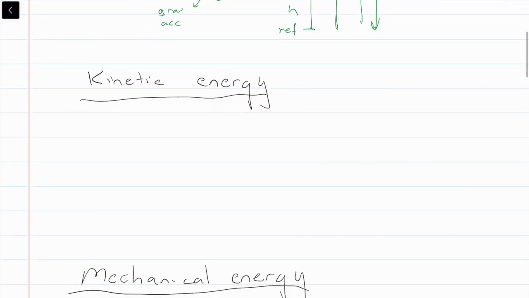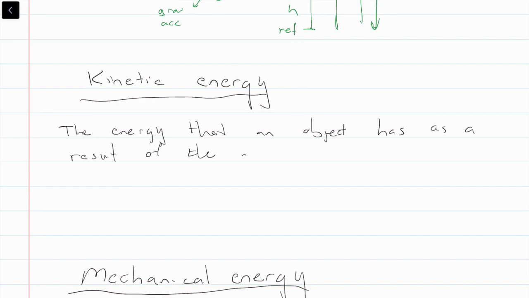Then we have kinetic energy, which I hope you guys have come across before. Kinetic energy is the energy that an object has as a result of the object's motion.